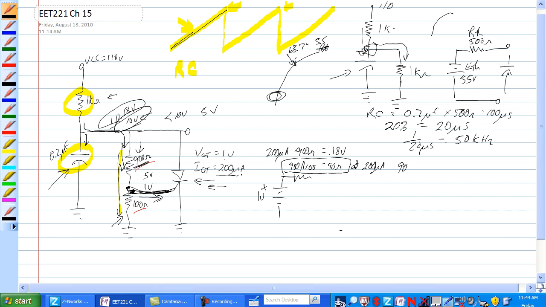So 90 ohms times 200 microamps is actually small enough that we don't really care. So if this gets to 1 volt, then we'll have the 200 microamps here, which tells me that I don't need this 0.18 volt here, and I can just charge the cap to 10 volts, and this SCR will fire.